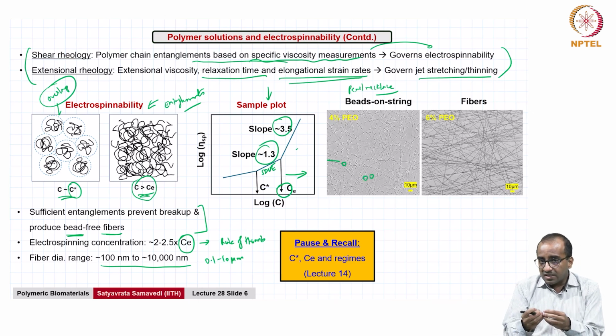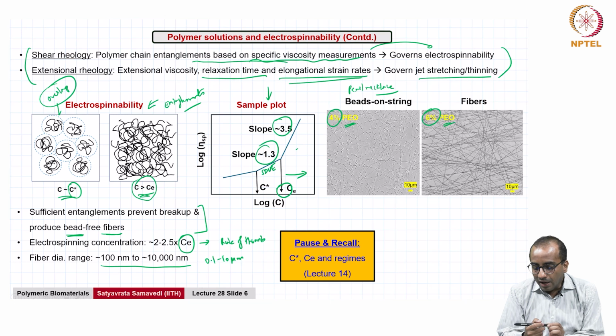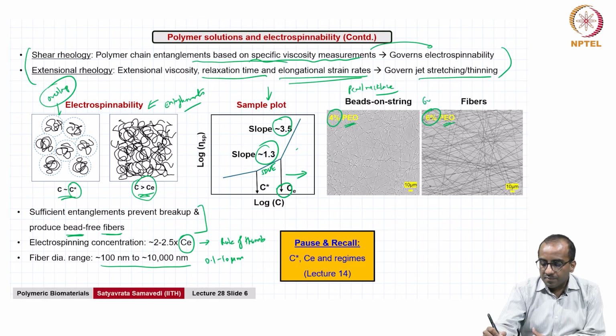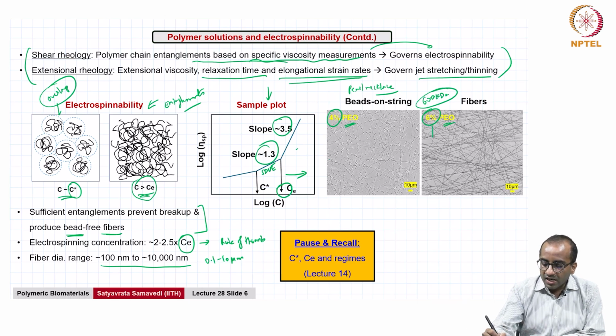Of course, these beads have been elongated a little bit here, and this is a very popular polymer, PEO. You see that I have gone from 4% to 6%, and this I believe is 600 kilodalton PEO. What you see here is, if you are at 6%, you get bead free fibers.